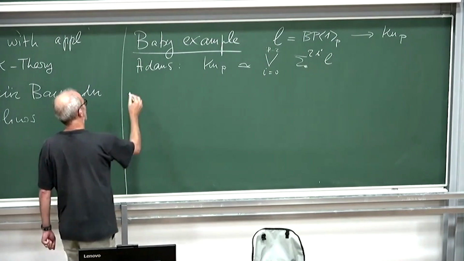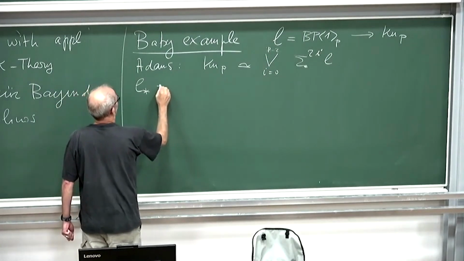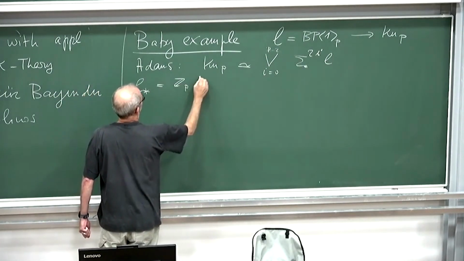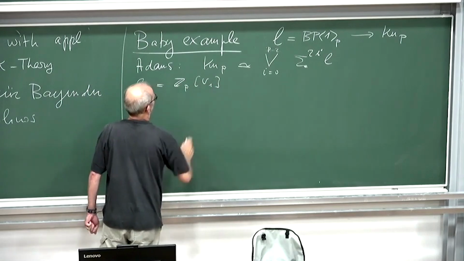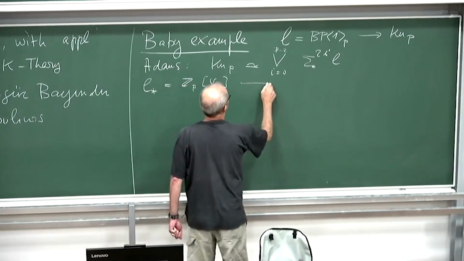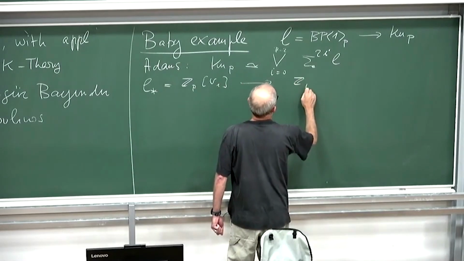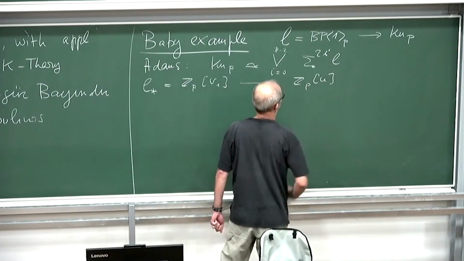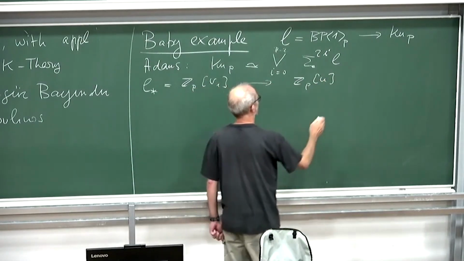So you know that the coefficients here are the periodic ones, Laurent polynomials on this v1 class, and here it's the polynomial on the Bott class.